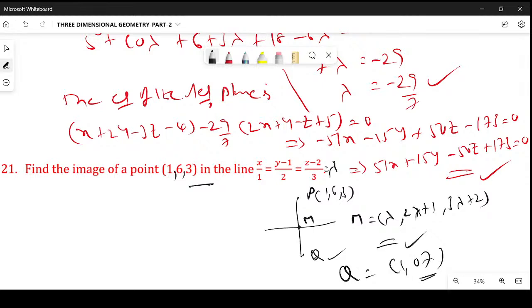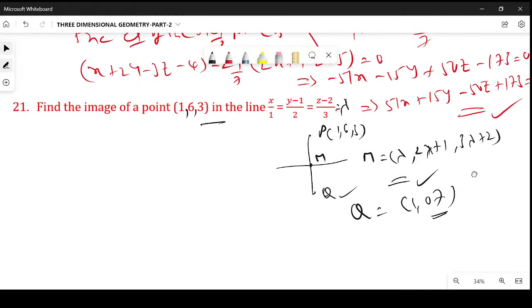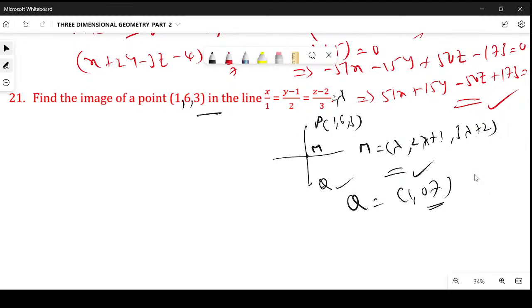You try this. Can you try the 21? Should I explain this? Yes, I am giving it. Tanishq, do you try this?